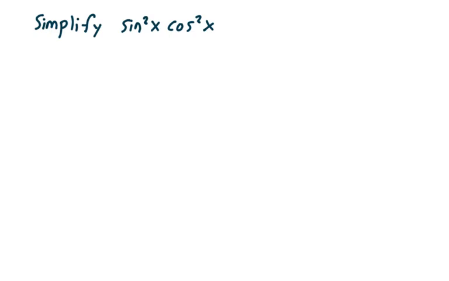So we're going to use those power reducing formulas. There's a couple of ways to do that. I'm going to approach it this way. So you could write this as 1/2 of (1 minus cosine 2x). That's what I'm replacing sine squared with. And I'm going to multiply by 1/2 of (1 plus cosine 2x).